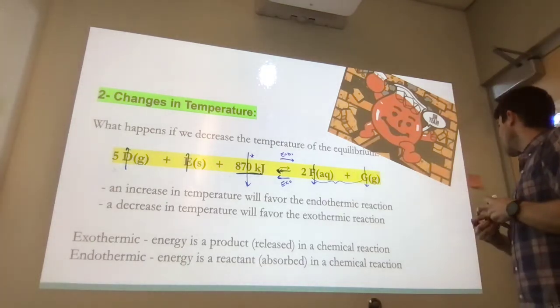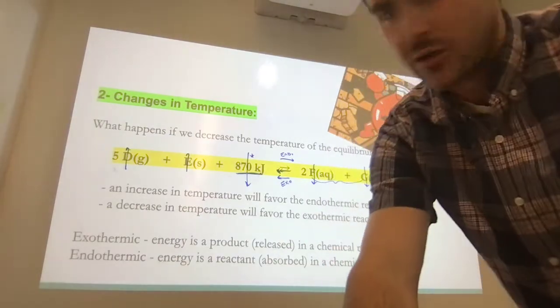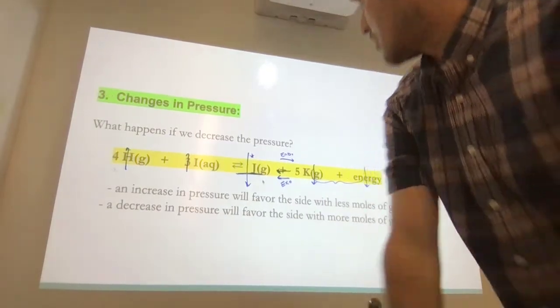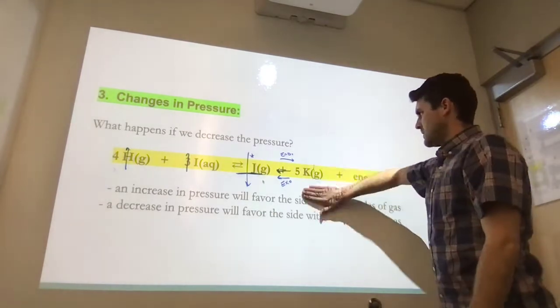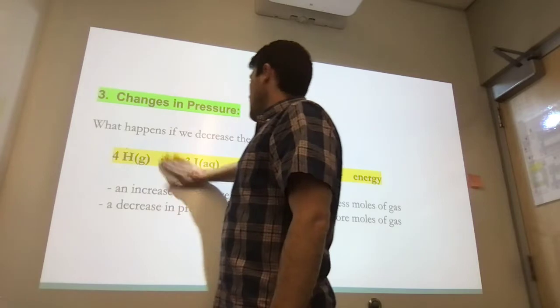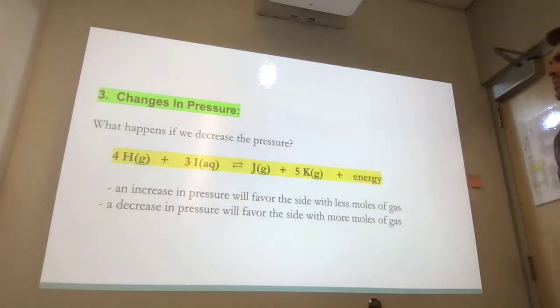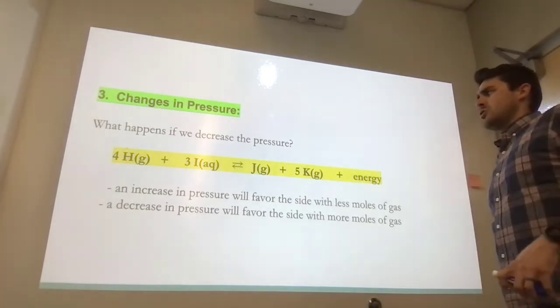The last stress we'll focus on are gas stresses, changes in pressure. And changes in pressure are a little different. We haven't necessarily covered gases too much, but we can think back to our goldfish, because the goldfish is a great example, or the bromine gas is a great example of what happens when you change pressure, okay?